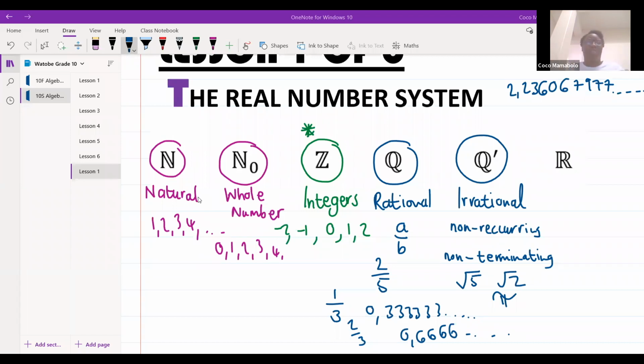So infinity is a tricky one. We don't know whether the next number will be a natural, whole, integer, rational, or irrational number. It's mind-blowing. Guys, maths is just something else.